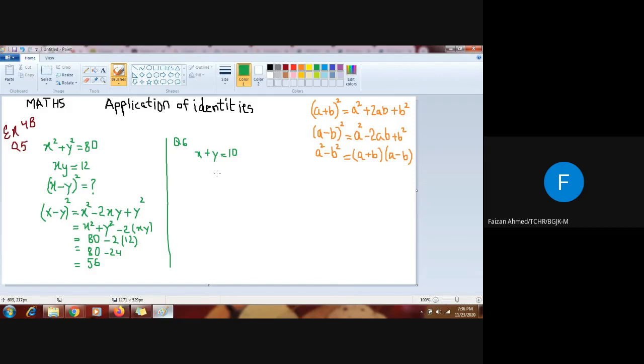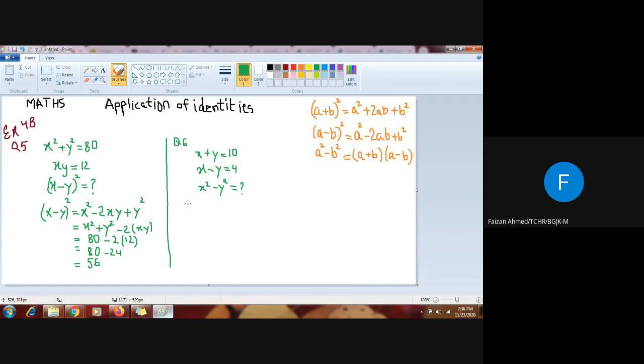In this question, I have been given x plus y equals 10, and I also have x minus y equals 4. So I can see that there are two brackets, one with the positive and one with the negative. And if I look at the question, I have to find the value of x square minus y square, which happens to be my third identity. So I will be using that identity.